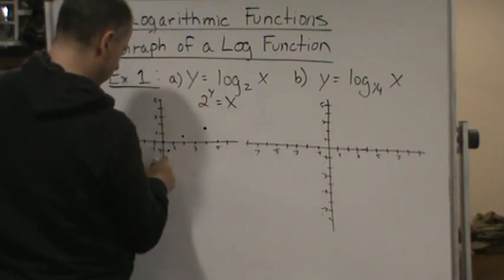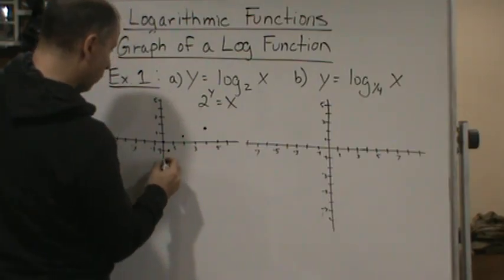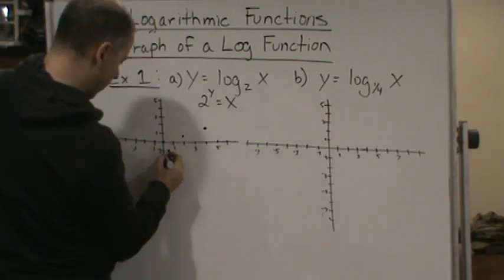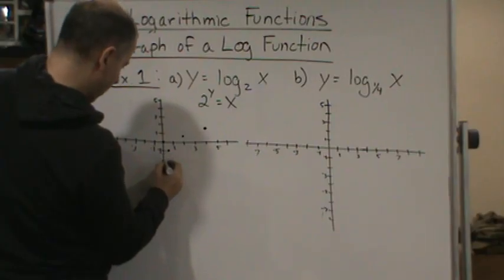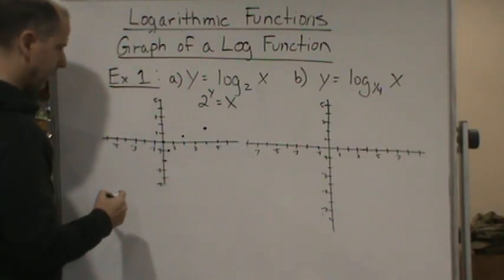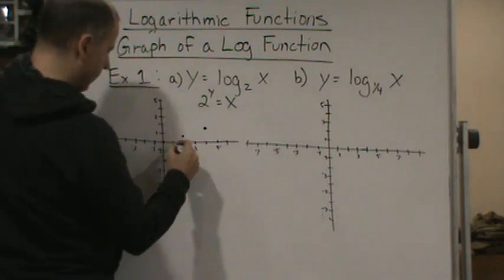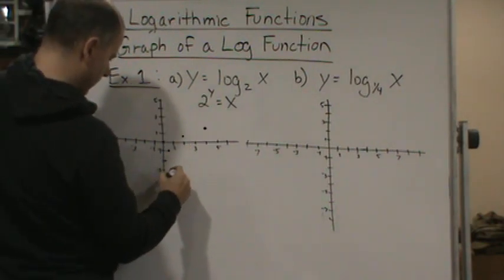Negative 2 is 1/4, so x is going to be 1/4. So as I get to 1/4, I'm going to get to negative 2. So now what's happening? Well, it looks like it's doing something like this.